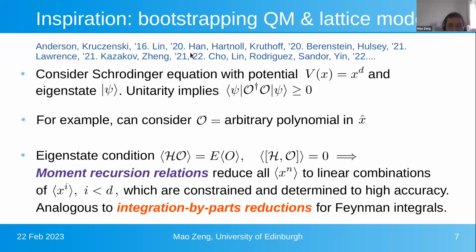But for example, if you are talking about the anharmonic oscillator, which is just the harmonic x squared potential with an extra x to the fourth term, then you only need x to the i power with i up to 3. Once a finite set of moments are assumed, any larger moments can be re-expressed in terms of these first few moments.